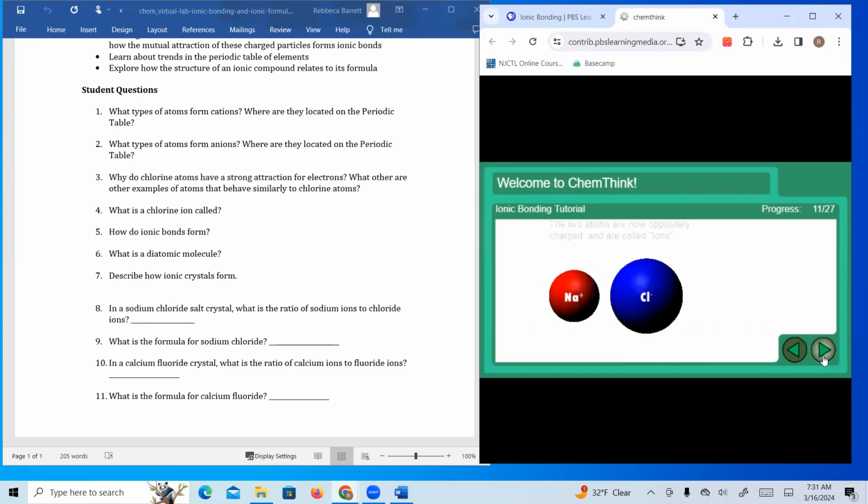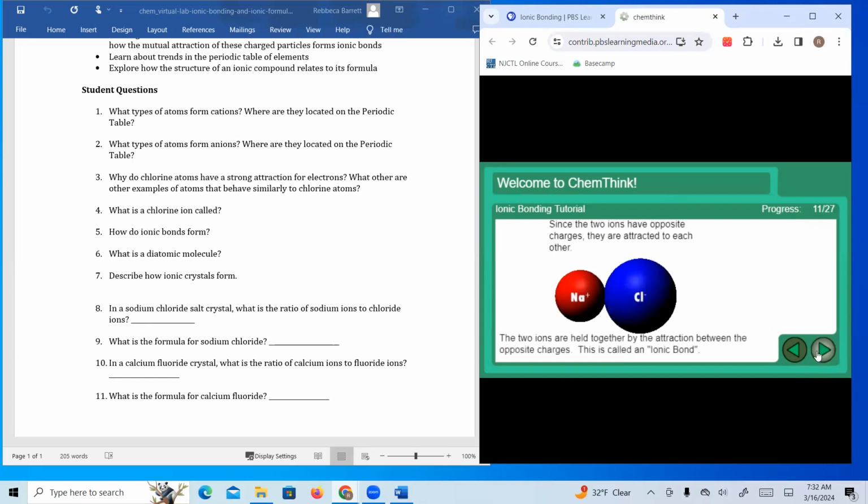So the two atoms are now oppositely charged and are called ions. You can see that the electron was transferred from the sodium to the chlorine. Now we have a sodium ion and a chloride ion. Since they have opposite charges, they're attracted to each other and are held together due to that attraction between the opposite charges, which is known as an ionic bond.